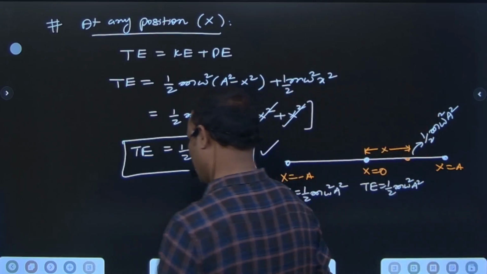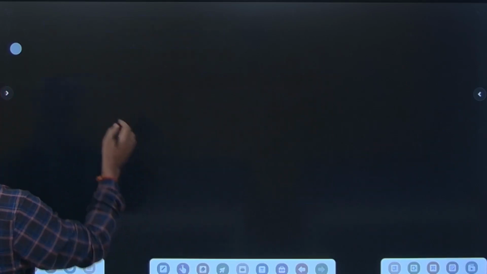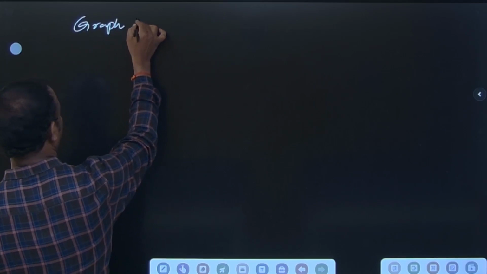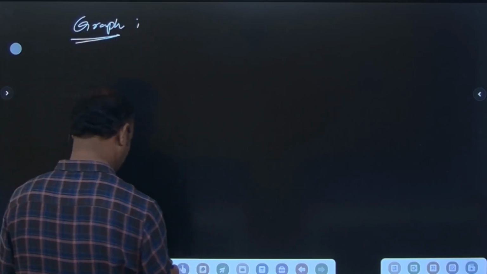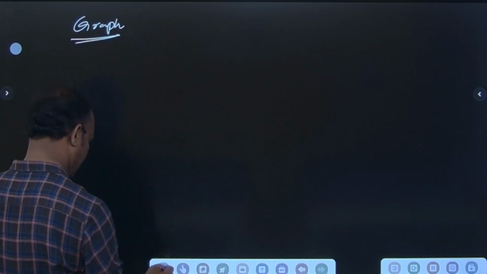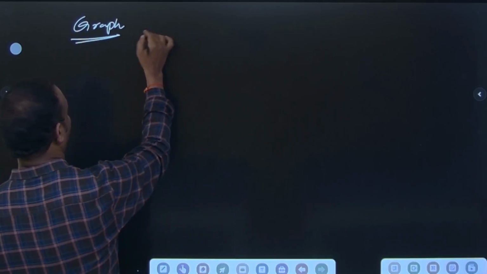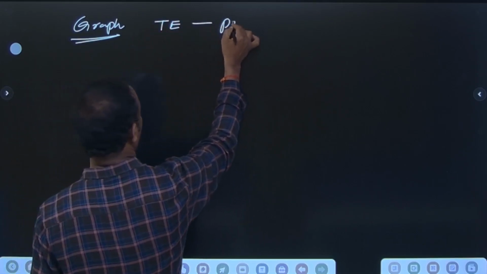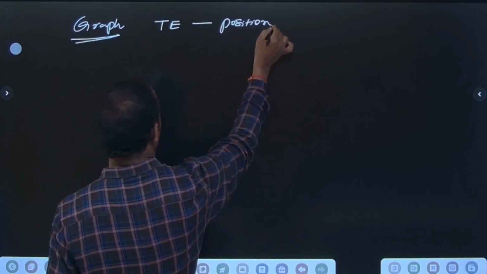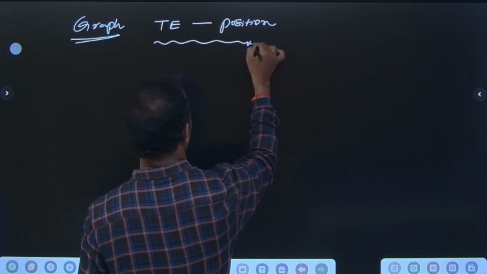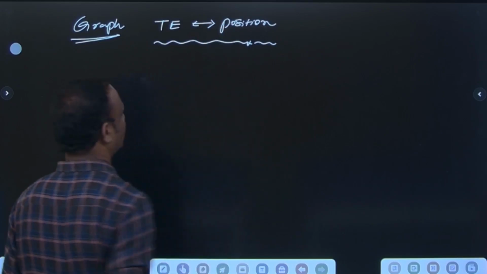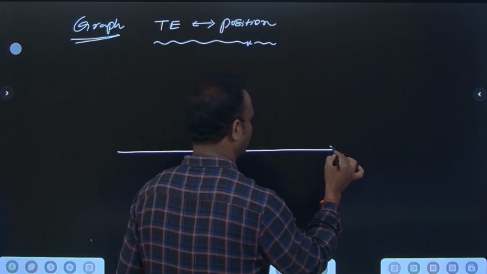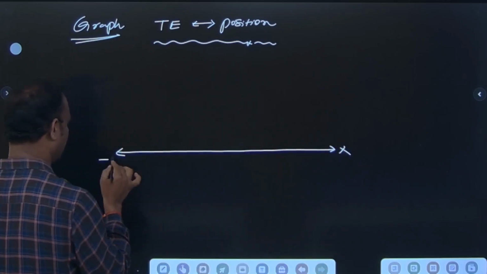Now I am talking about the graph of total energy versus position. This is my question. Here the position is taken as x, and next, minus x.